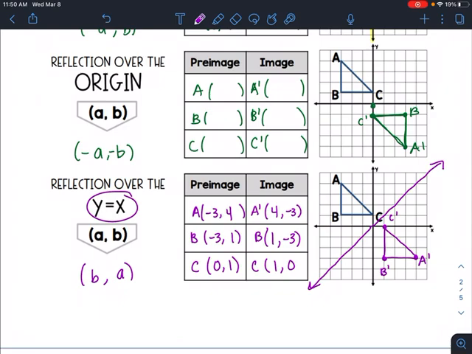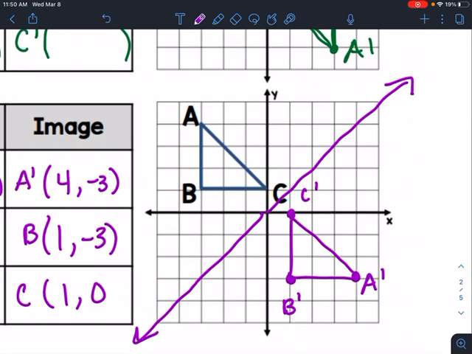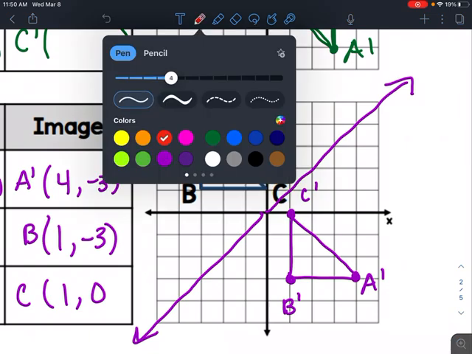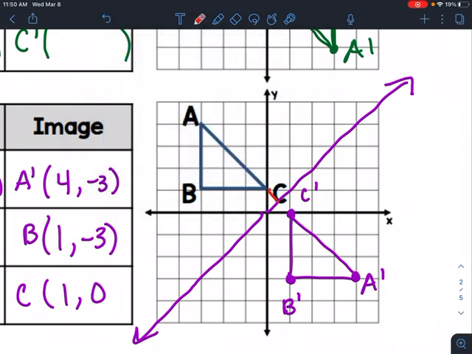Okay, and this makes sense because if we zoom in just to show you this distance from here to here and from here to here, that's the same. This distance from here to the line is the same as this distance from the line to here.